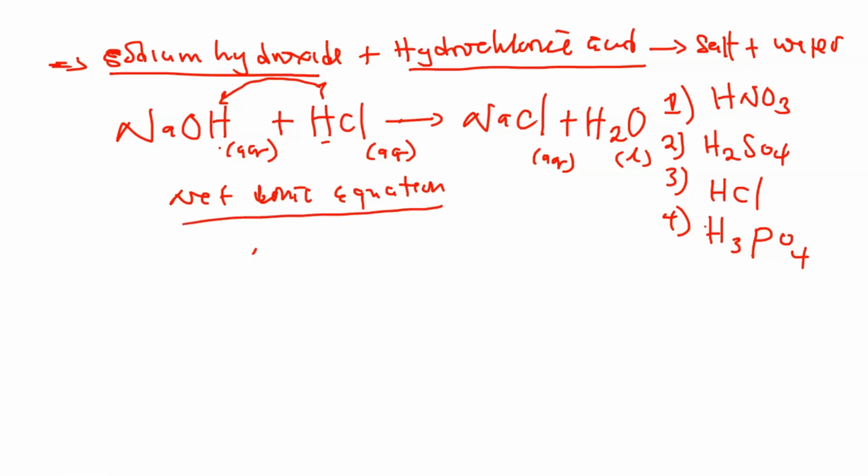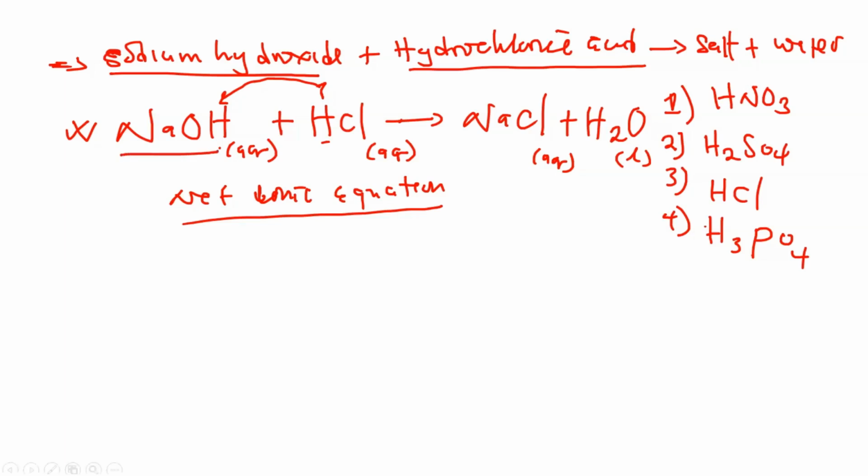When you are writing the net ionic equation, those that are in aqueous state in the equation that you've written split. If you are not given the equation, you start first by writing the equation and balancing it. And now you need to know that those that are in aqueous state split into their individual ions.